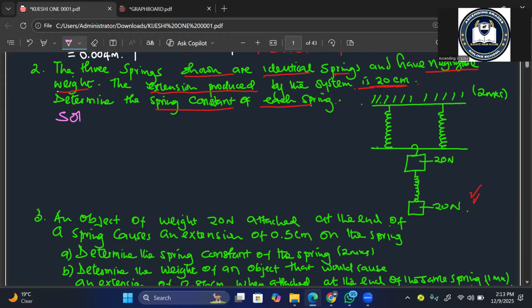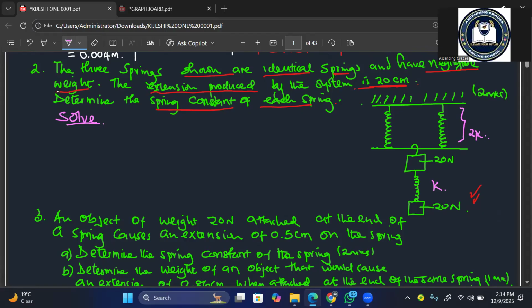We can solve. So in this case, we'll say the spring constant for this one is just K. And because this upper part, we are having springs in parallel, then we expect the combined spring constant to be Nk, and this one will be 2K.